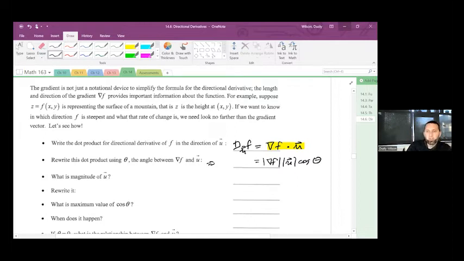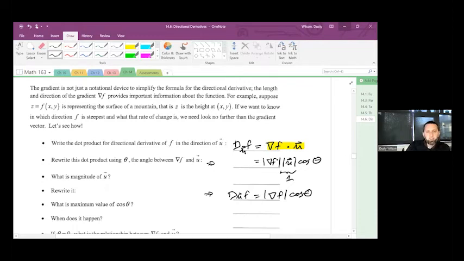That was our alternate definition of the dot product. What's the magnitude of u? u is a unit vector, so this is just a 1. So we could rewrite this: the directional derivative of f in the direction of u is equal to the magnitude of the gradient of f times the cosine of theta.